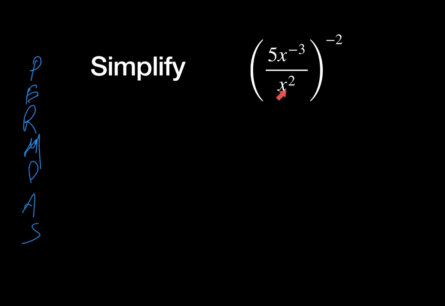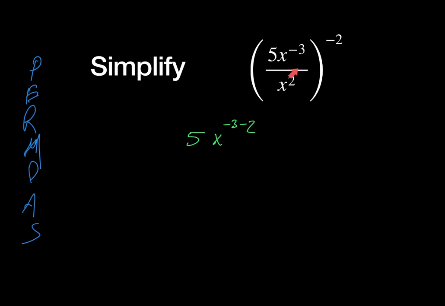I have same bases, x and x, and I'm dividing. Same bases and dividing, the property of exponents is subtraction. The 5 stays as a 5. There are no other numbers to deal with. I have x to the negative 3 minus 2.